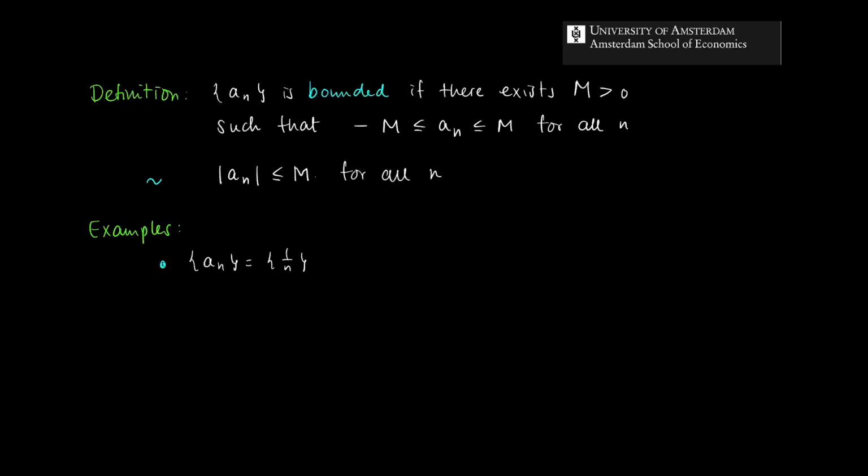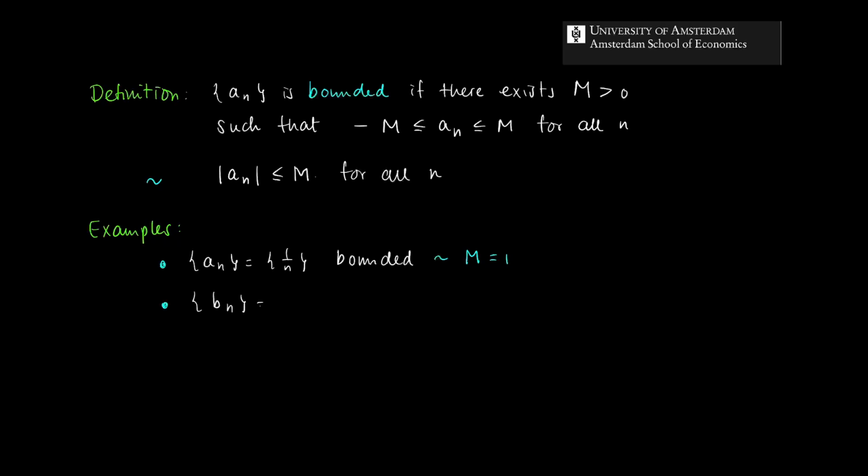So here we could bound it by prescribing the value m equals 1. All these elements are positive, so in absolute value they are smaller or equal than 1. So an upper bound is m equals 1.